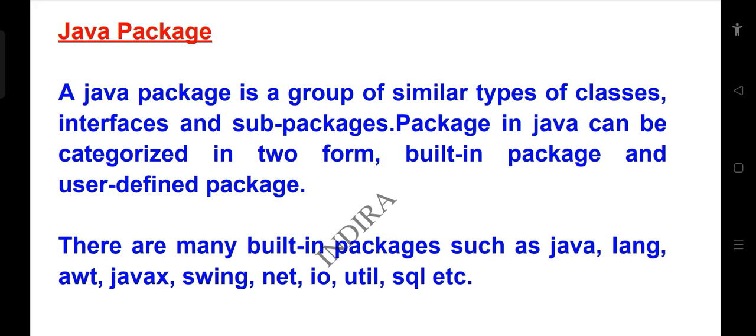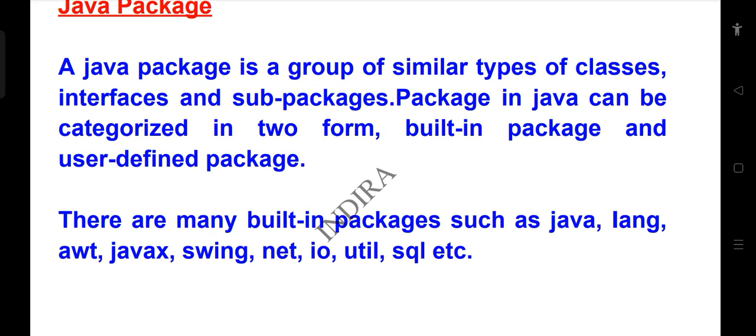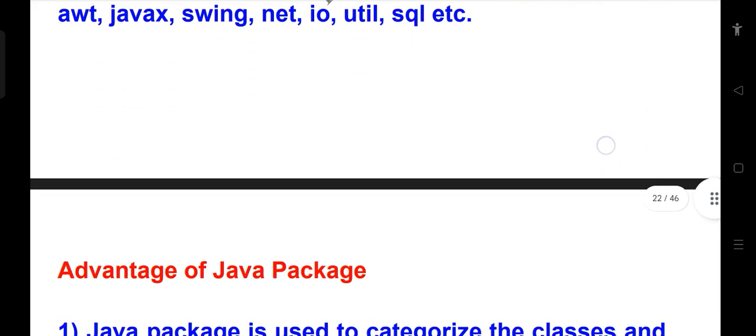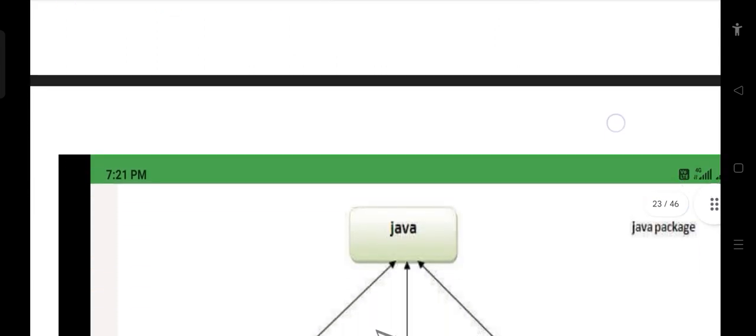So packages in Java can be categorized into two forms: built-in package and user defined package. Again, built-in packages consist of java.lang, AWT, javax.swing, net, io, util, sql, etc. There are three advantages of Java packages.